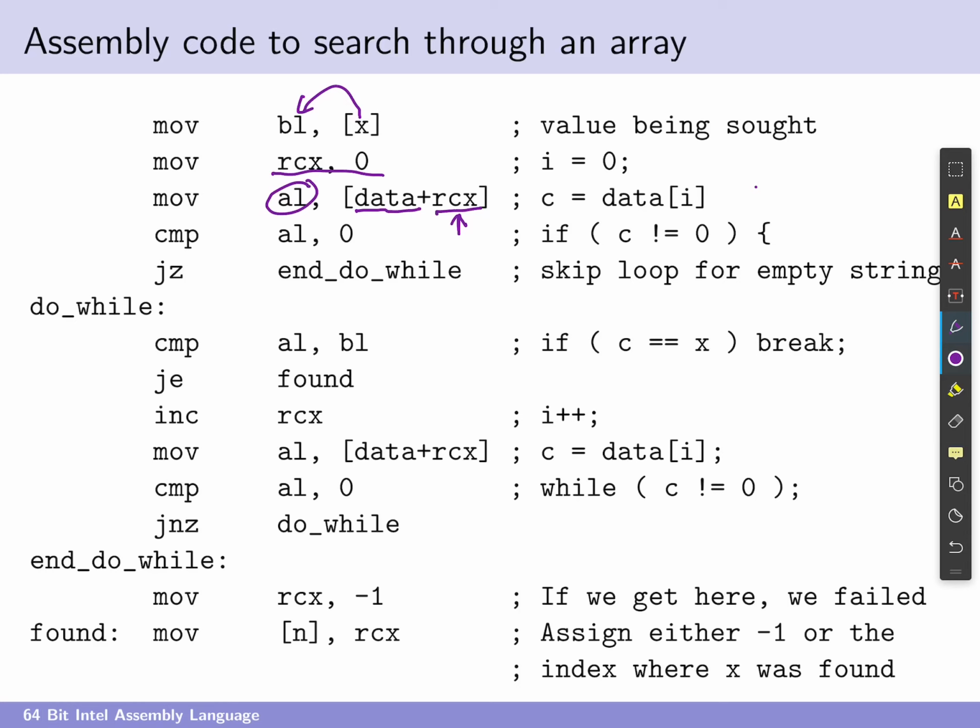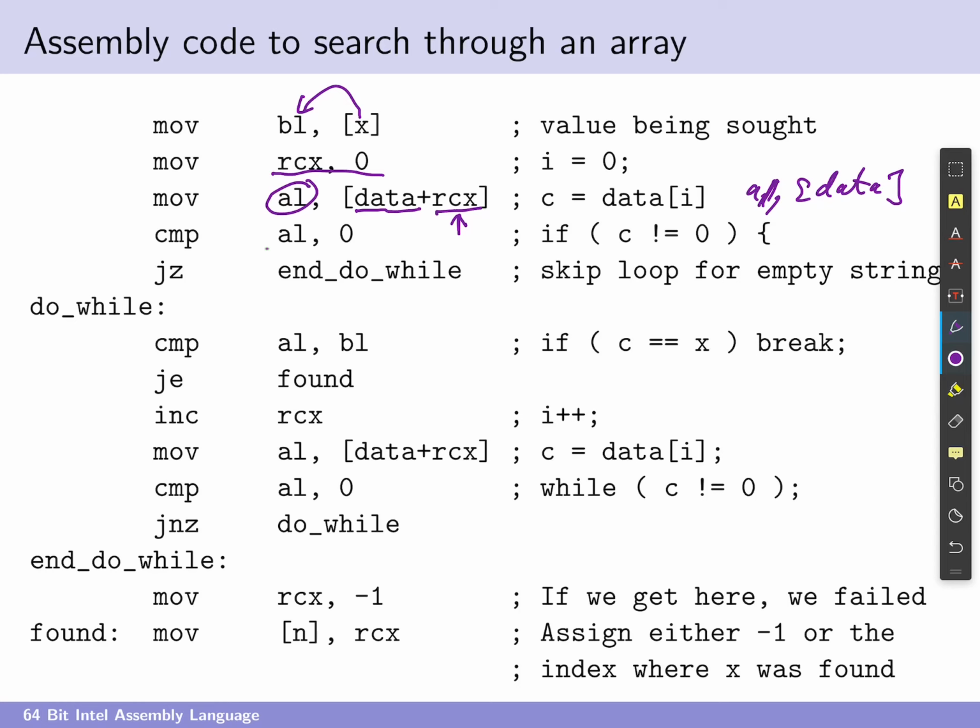We don't need to multiply it by 8 like we did in the switch example from the previous lecture. We can just use plus RCX. Obviously, for this specific example, you could have actually just used data, because we're really adding 0 in this case. But I think it's good just to put it in here because we're going to use the same structure as we proceed to loop through the array.